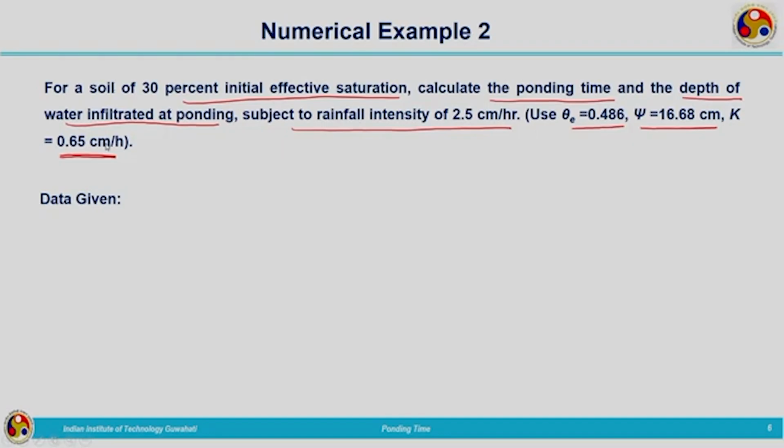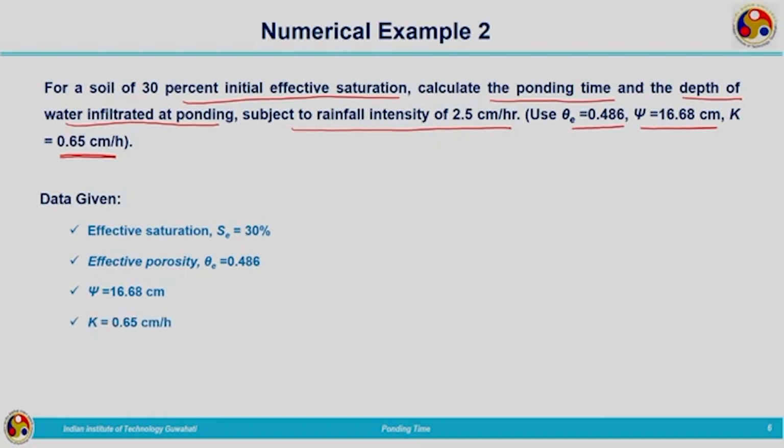So, the data given to us are effective saturation SE, effective porosity theta E, psi is 16.68 centimeters, K is equal to 0.65 centimeters per hour. Rainfall intensity is also given to us, that is I is equal to 2.5 centimeters per hour.